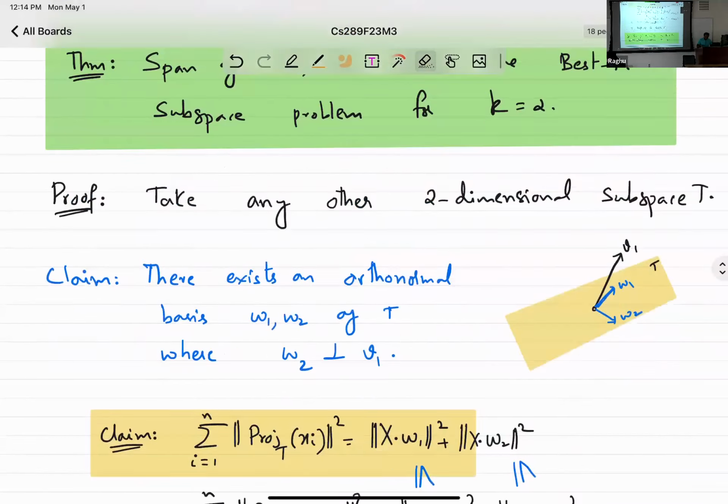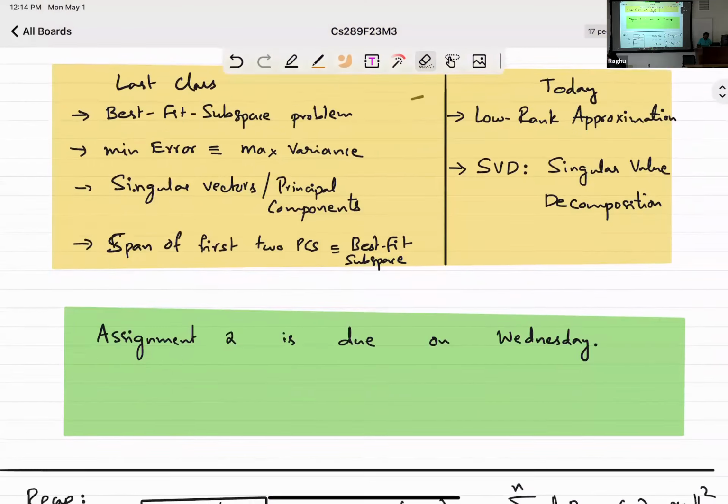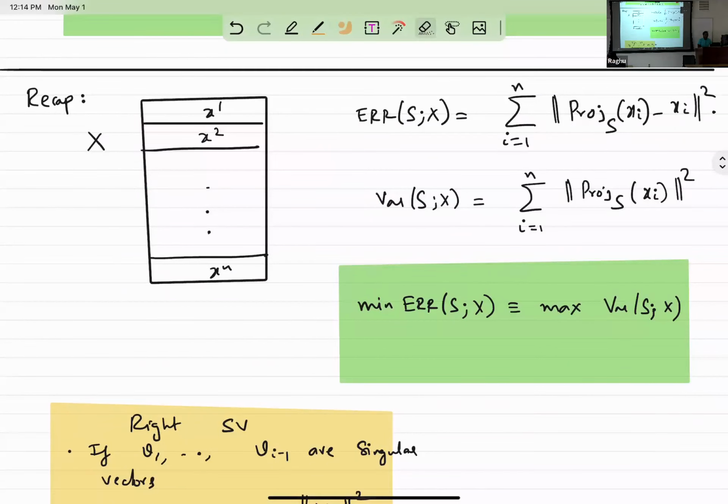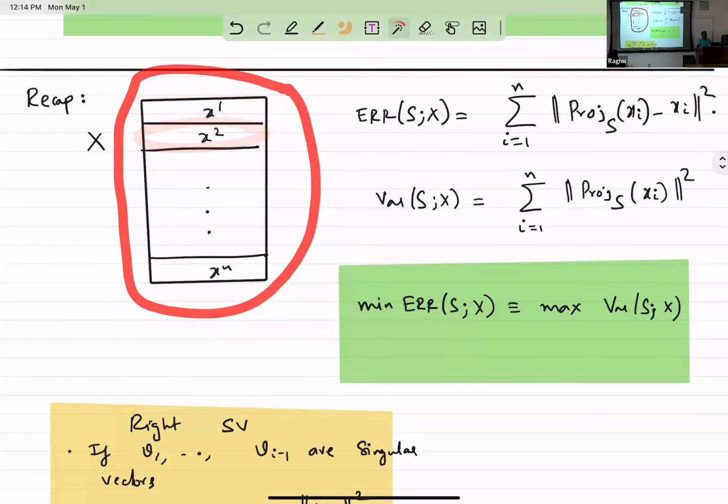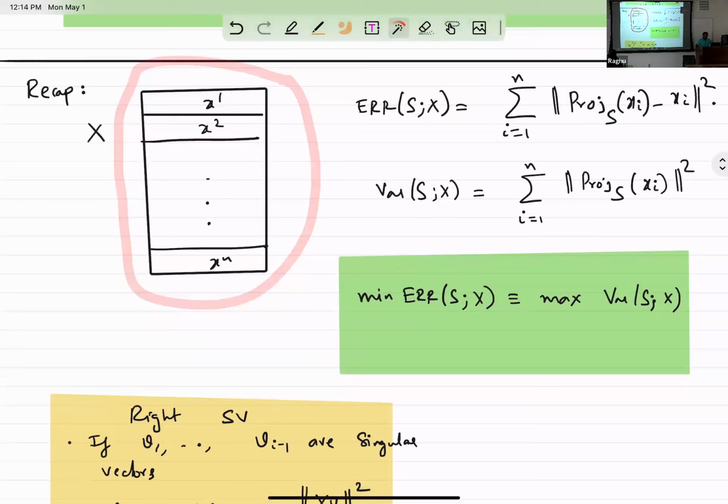Okay. So far we've been thinking of data sets as a sequence of points. You have x1, x2, x3, xn, and so on, right? Now we're going to not look at the individual points as much, but really at everything put together as a matrix given to us.